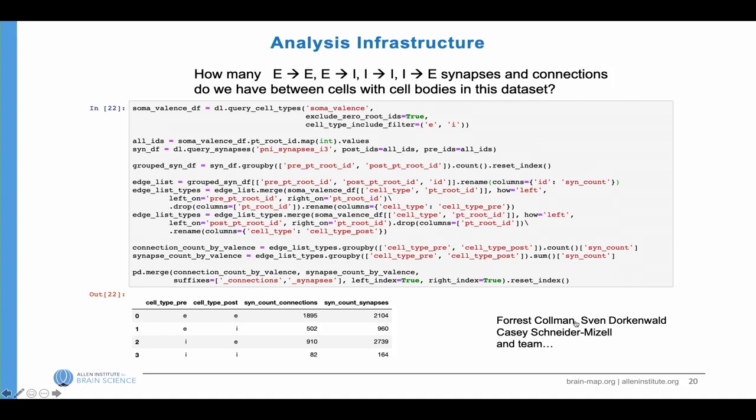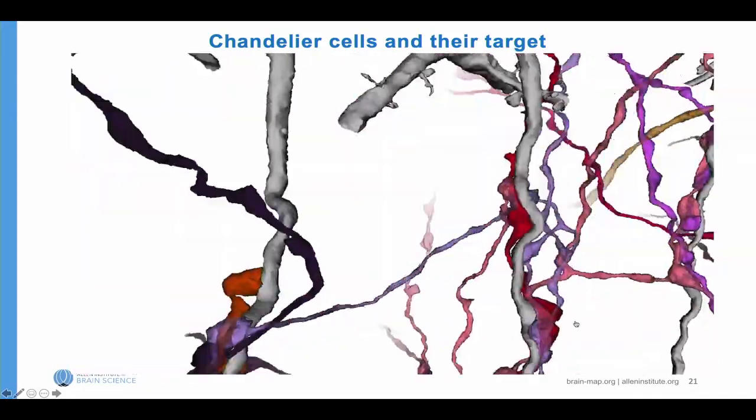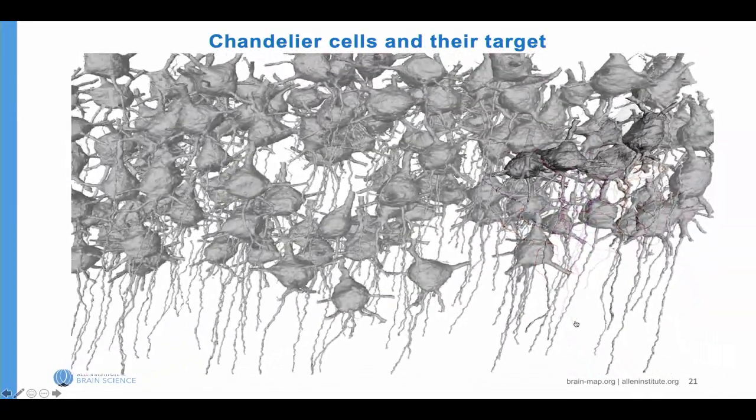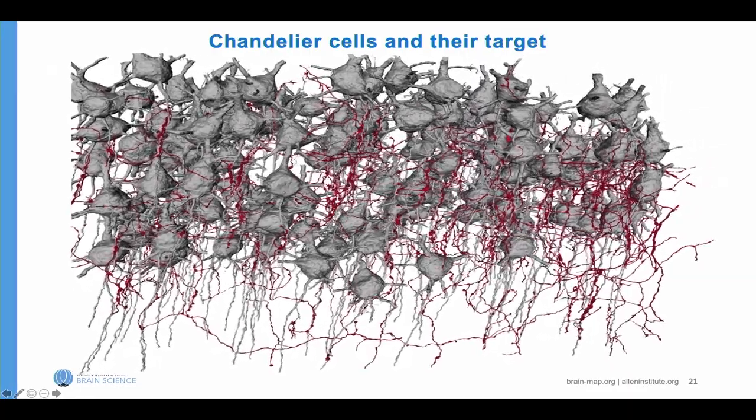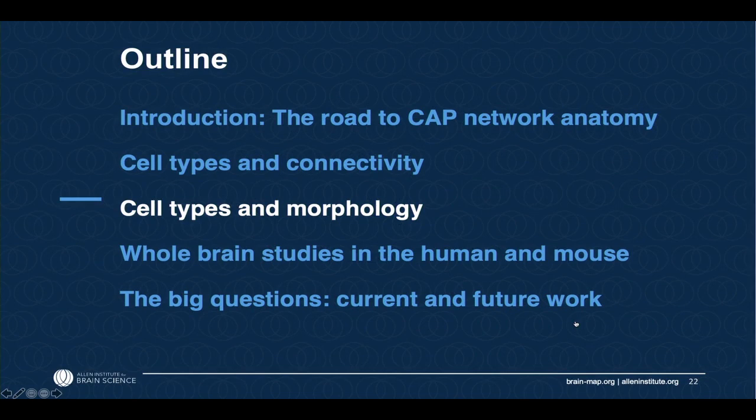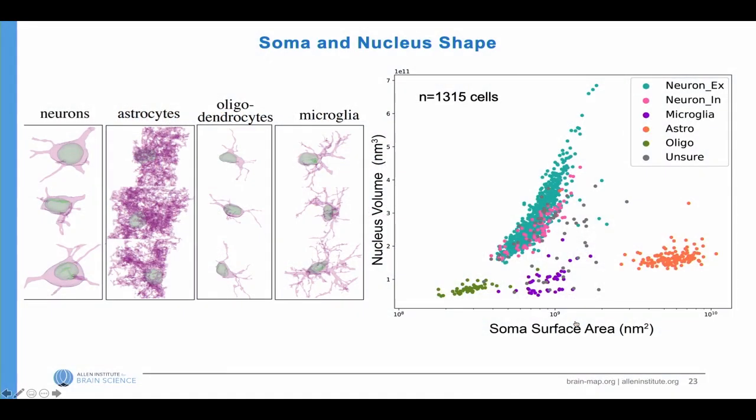A sea change happened when we got a new analysis infrastructure, and all of the studies you saw yesterday, posters, and that I'm going to run through now, came from an analysis infrastructure that allows us now, cell type by cell type, pathway by pathway, to study things such as the beautiful third time of this movie, the chandelier cell inputs to all of the local pyramidal cells in a part of cortex, or a number of wonderful studies that are slightly under the radar, although you saw a movie yesterday of cell types in morphology.